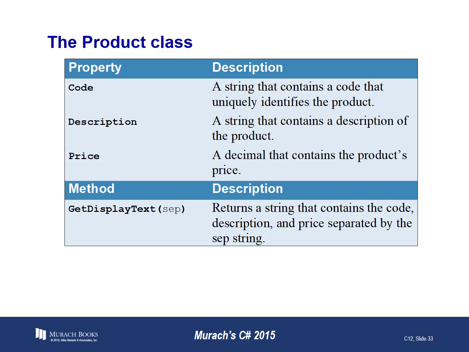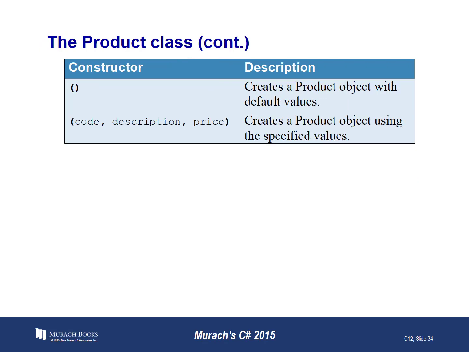For the example we'll be working through, we're going to use one user-defined business class, and it's going to be the Product class, which will have 3 properties, code, description, and price, and one method, GetDisplayText. For this class, we will have 2 different constructors, a constructor with default values or a constructor with specified values.